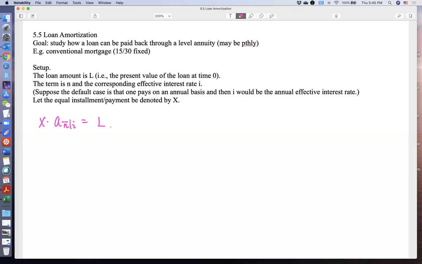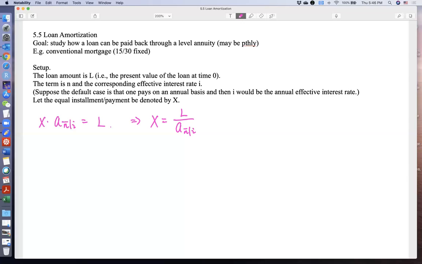So that's the equation. From this equation, we easily see that the equal payment would be given by this expression. L is given, the exact amount you are trying to borrow. The denominator is the present value of a standard annuity immediate. The default setup is that all the payments are made at the end of each year, each month, etc. That's why it's a standard annuity immediate.